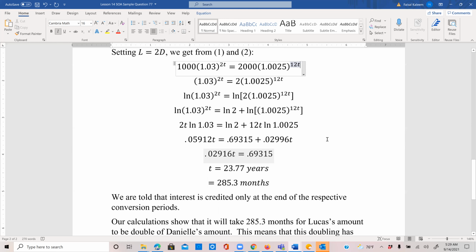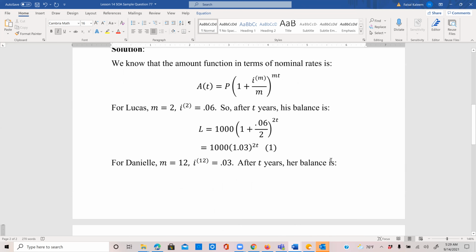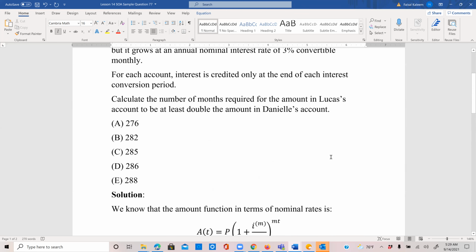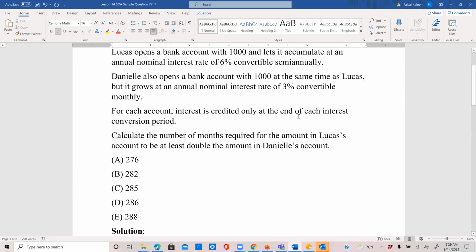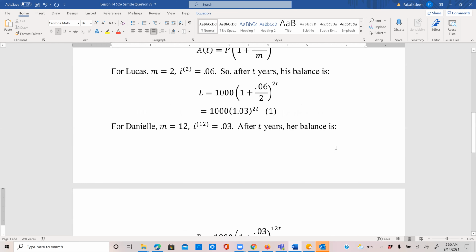Now, the thing over here is that they are telling us that interest is credited only at the end of each conversion period. So for Lucas, the conversion period is 6 months, semi-annual, and for Danielle, it's every month.